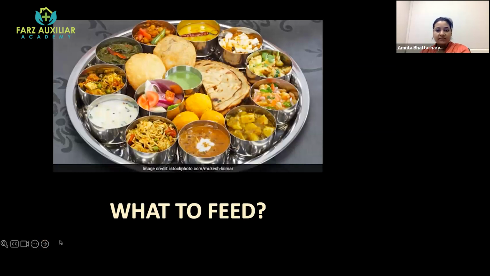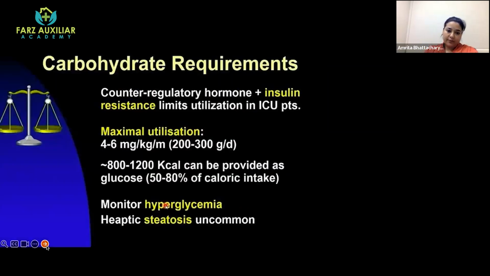And now we go on to discuss what exactly should we feed. So we have learned how to classify, how much, so what. Carbohydrate requirements. Now, you need to understand that there is a lot of insulin resistance in ICU patients. Hence, utilization of carbohydrates is often limited.